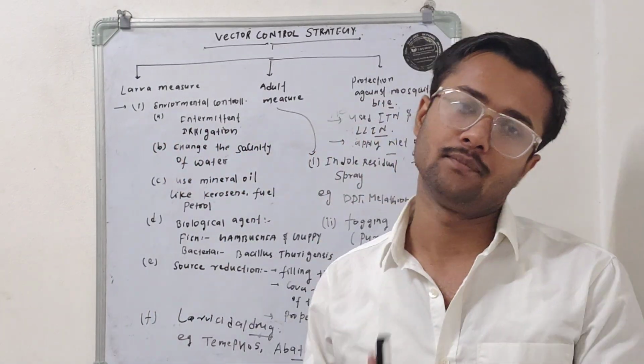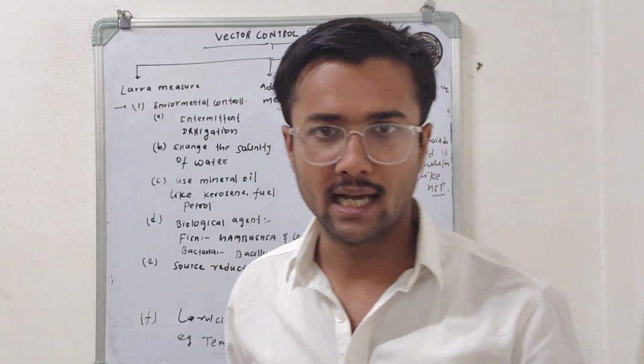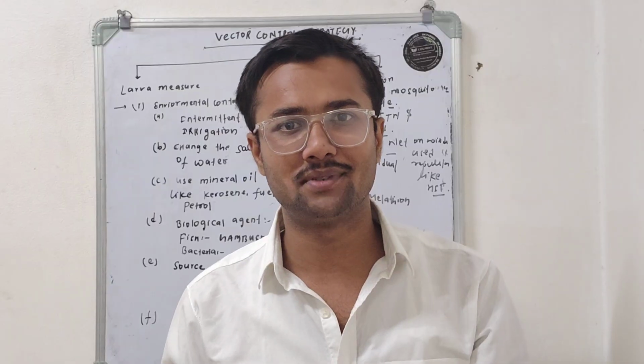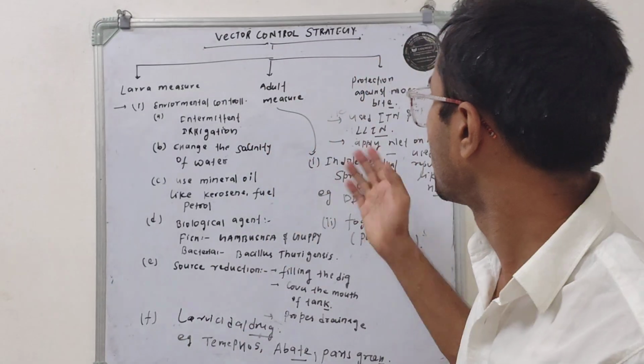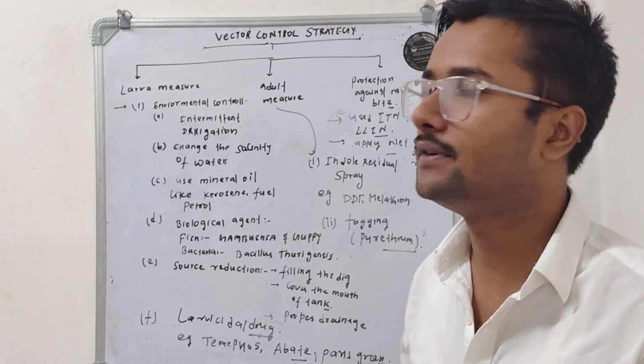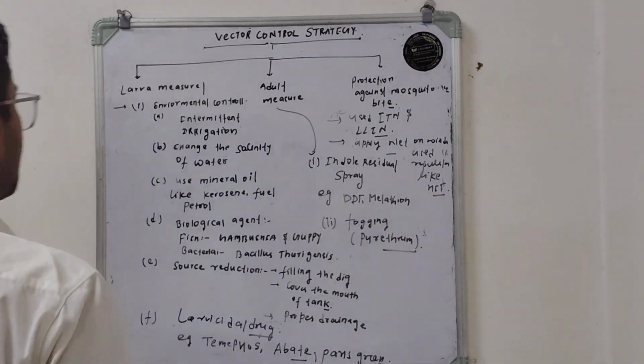And if we fail at larva killing and adult killing, then definitely we protect ourselves. So this is called protection against mosquito bites. So we start the topic with larva control or larva measure.